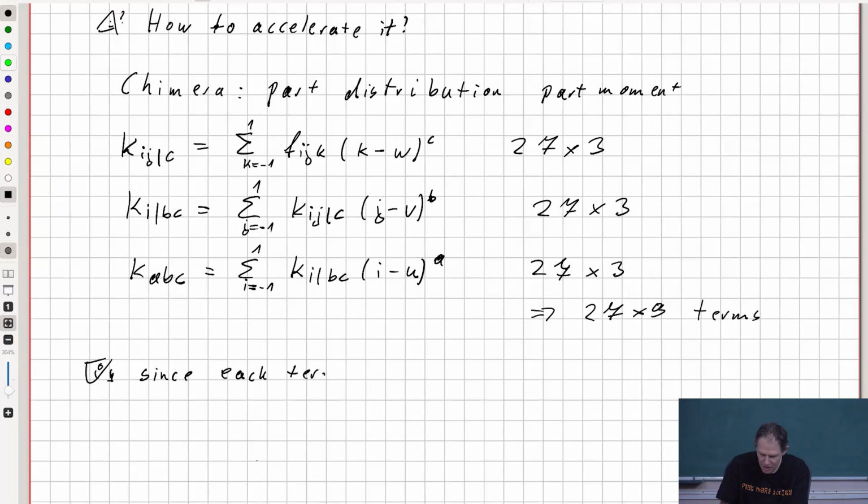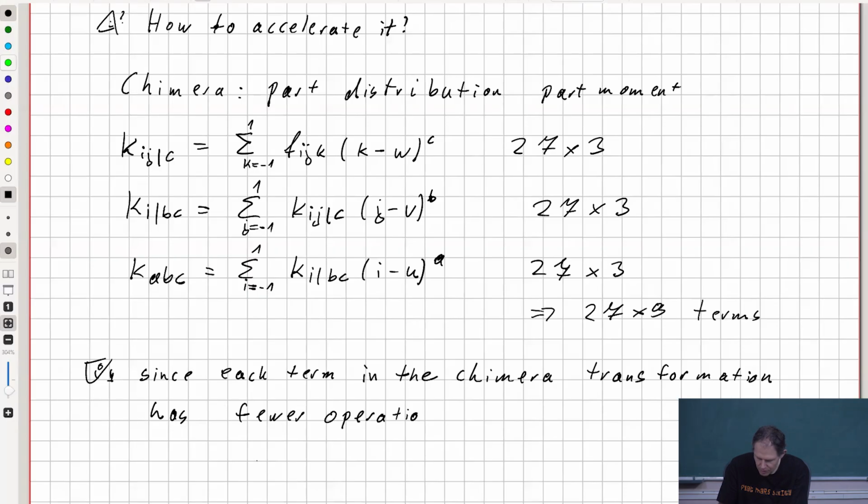Since each term in the Chimera transformation has fewer operations than in the naive form, the savings are even higher.